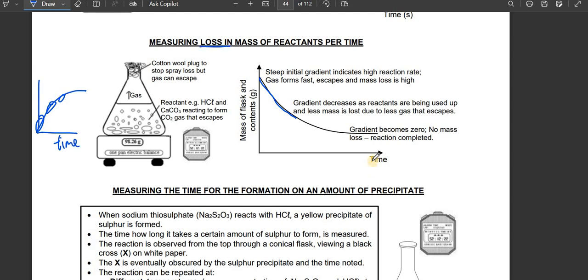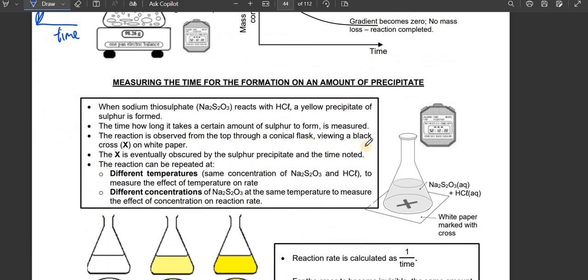This is mass loss. We put a cotton wool to stop spray loss, but only gas can escape. And in precipitate, we talked about sodium thiosulfate, which reacts with hydrochloric acid to form a yellow precipitate of sulfur. So the time it takes for a certain amount of sulfur to form is measured, and the reaction is observed from the top.